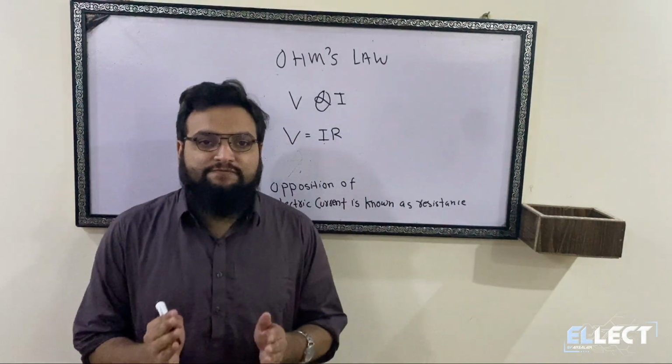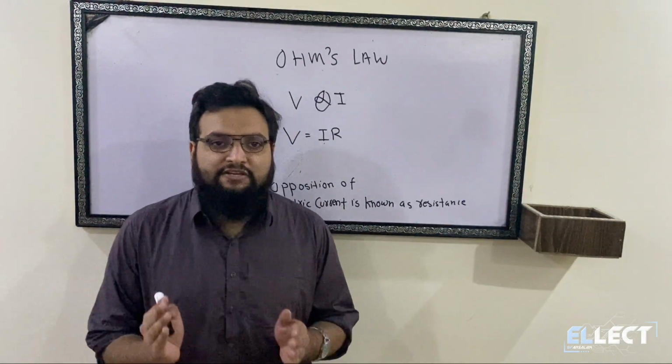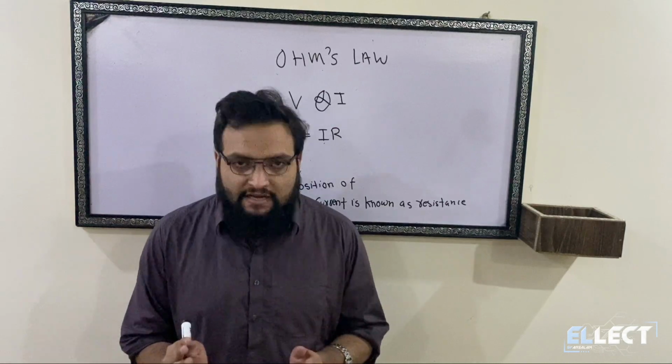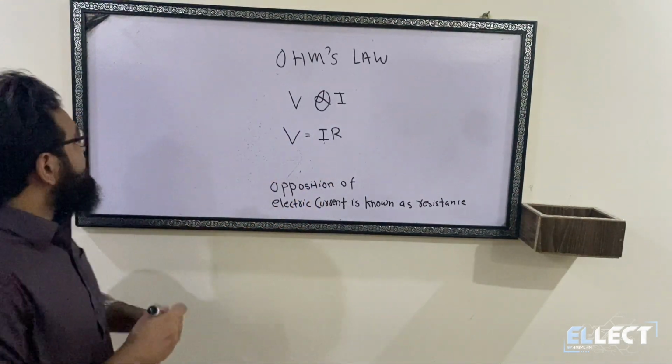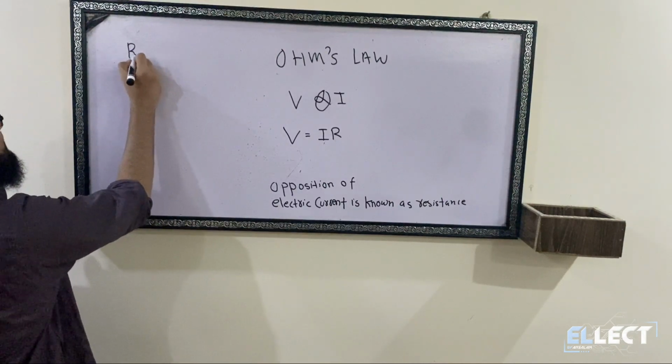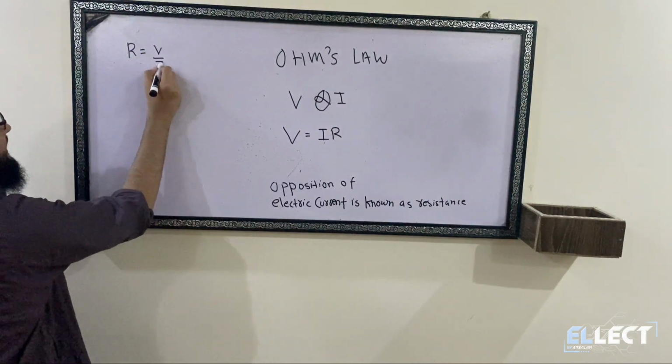It is also defined as the ratio of voltage and current. As V is equal to IR, so R is equal to V upon I.